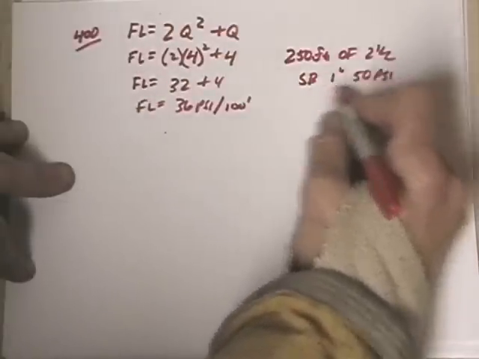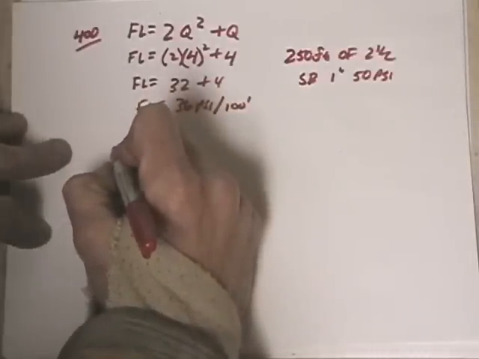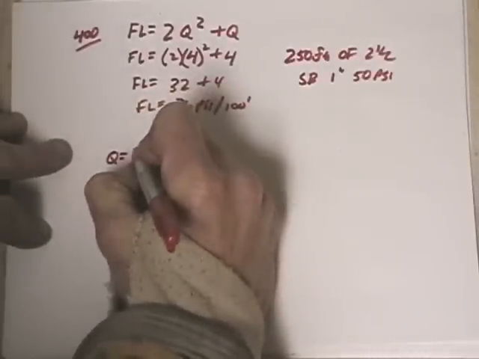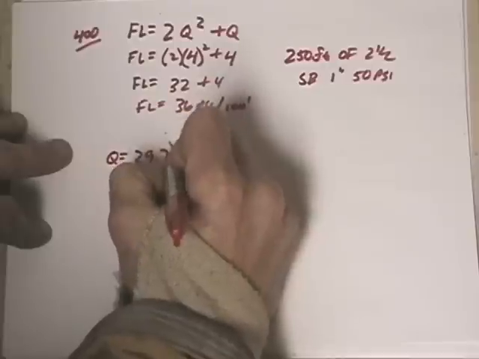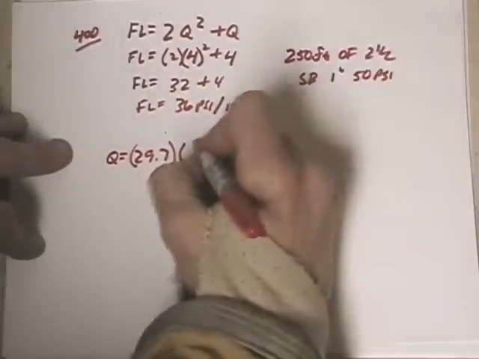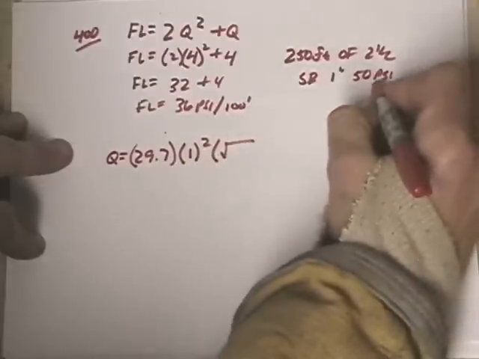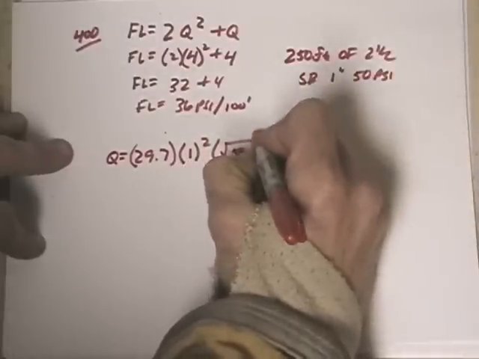Your first one is going to be calculating how many gallons per minute, because we need that to get our Q. So we're going to use our normal flow formula of Q is equal to 29.7 times the diameter squared. It's a 1-inch, so 1 squared times the square root of our pressure, which is 50.